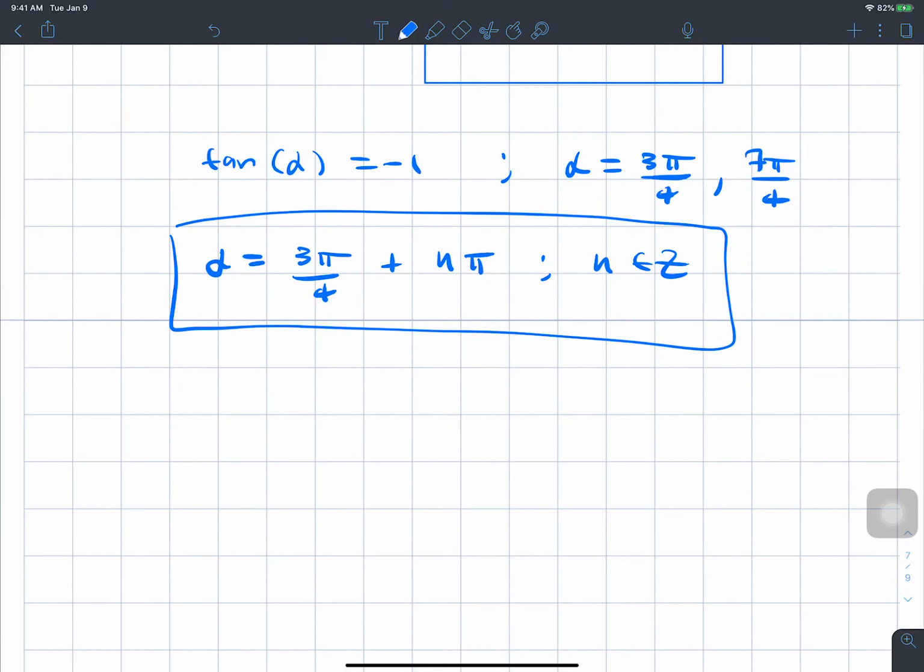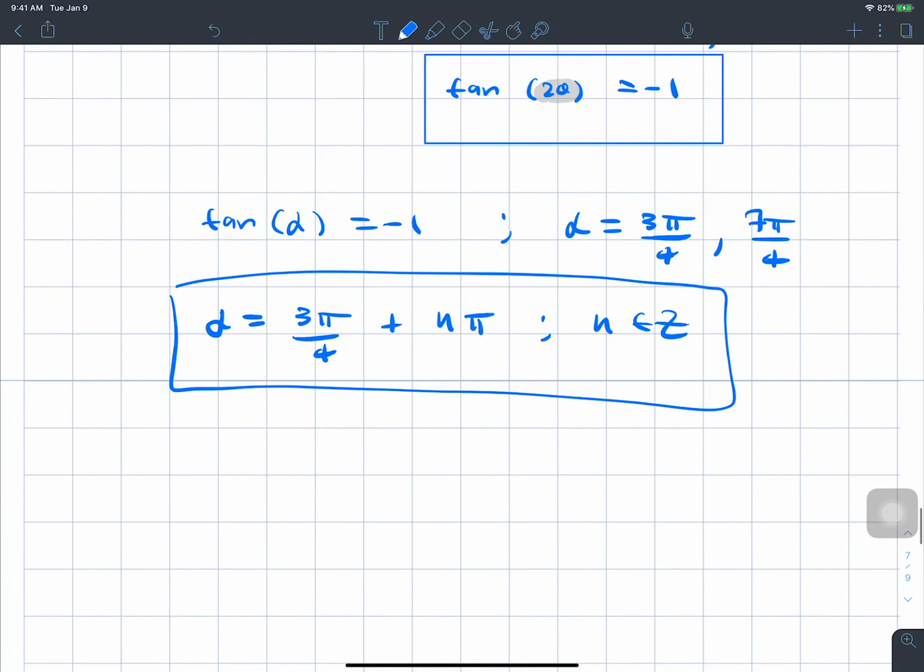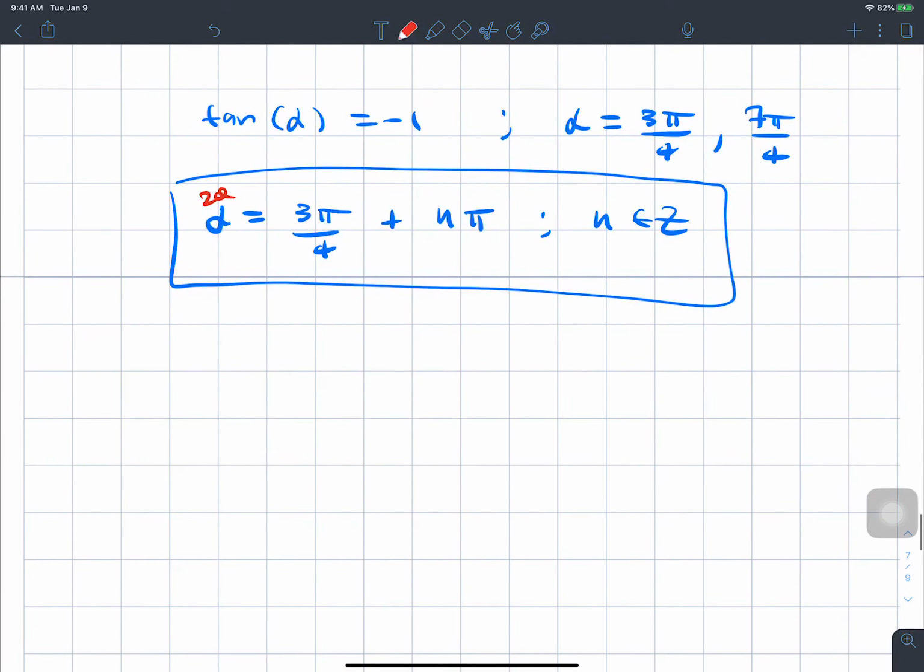Okay, now that's not what we have here, because we're going to let alpha be, this is a change of variables, alpha is going to be that 2 theta. So anyway, we get theta going to be 3 pi over 8.